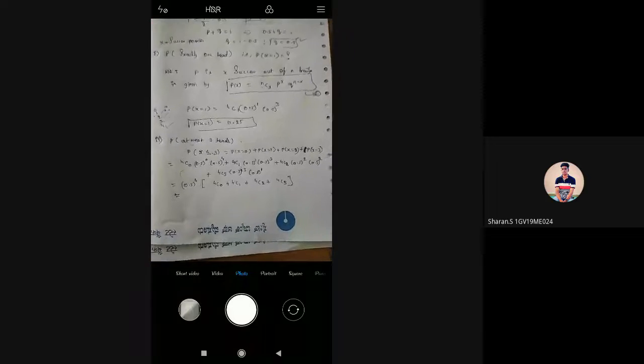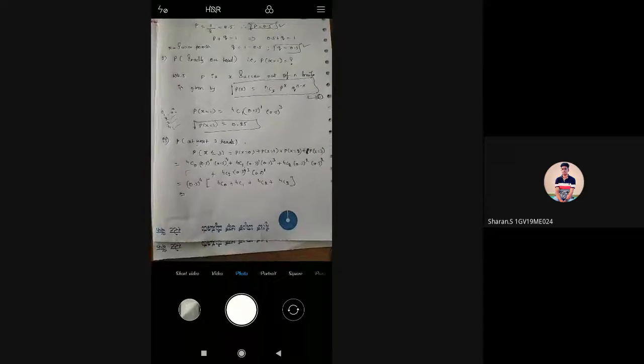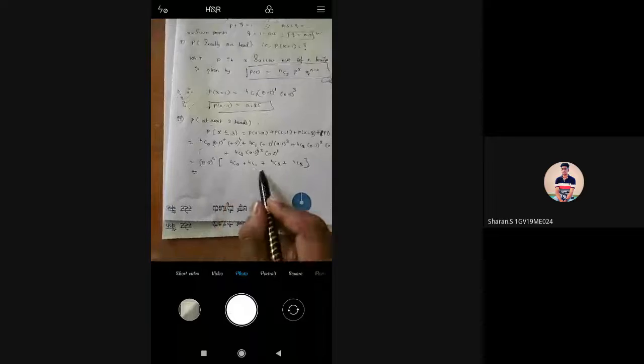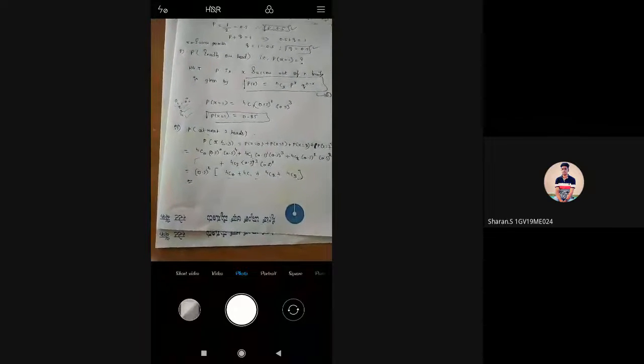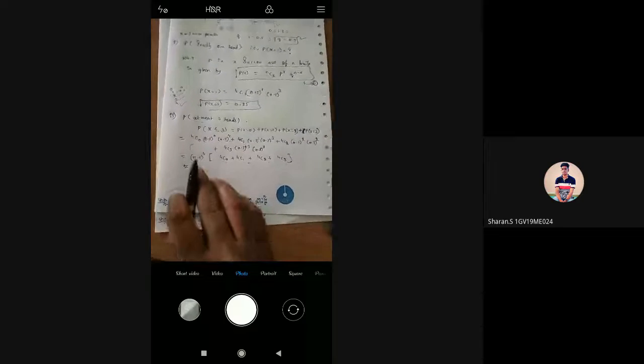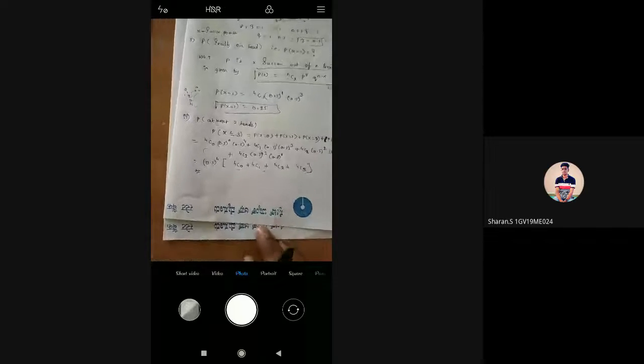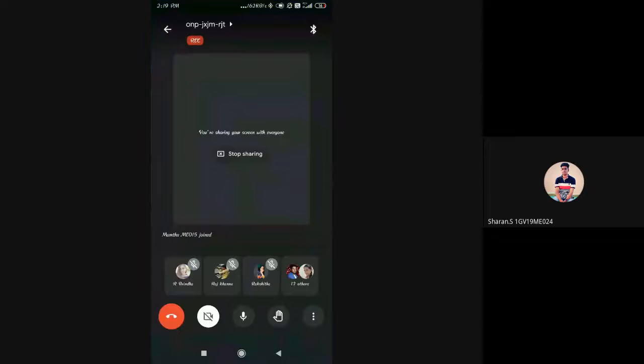Take down scientific calculator, substitute the values. That means first find out all these values, then add it, and multiply with 0.5 power 4 and tell me the answer. Fast. Everyone should do it.